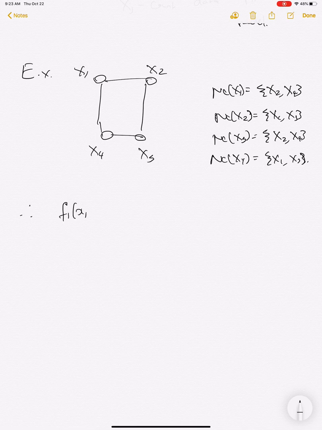f1 of x1 given, and then we condition on the neighbors, x2, x4. That's going to be h1 of x1, so it depends on what we choose for the family.